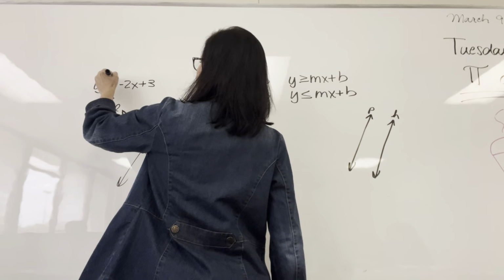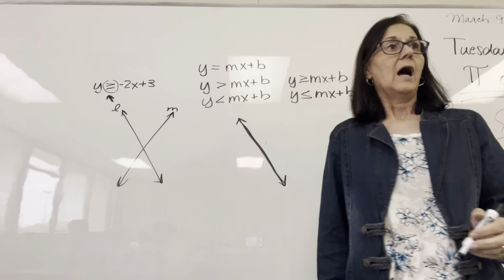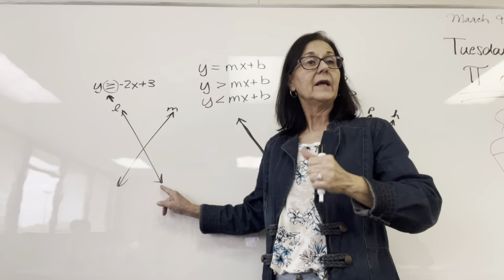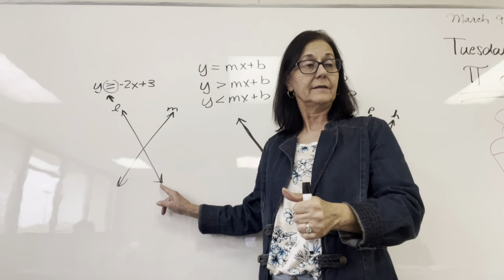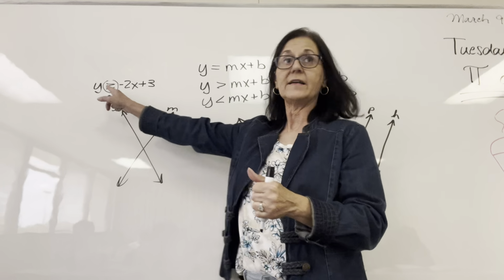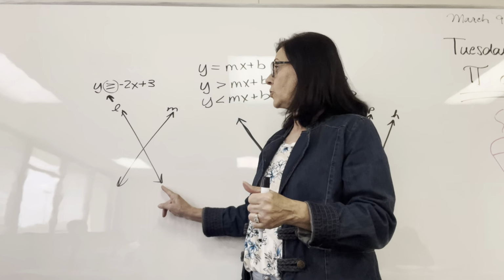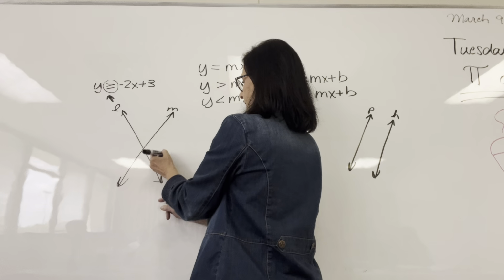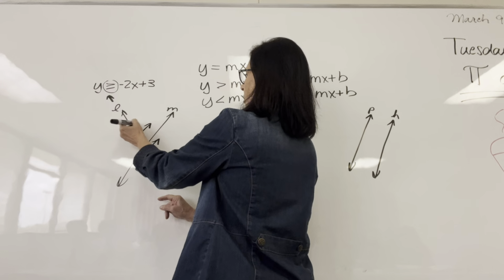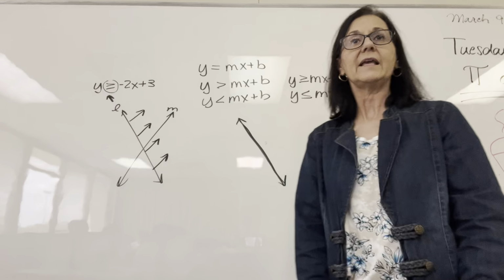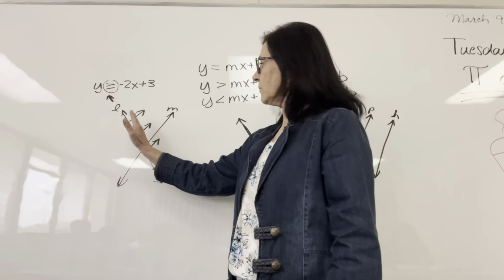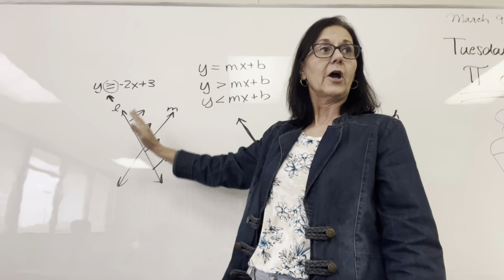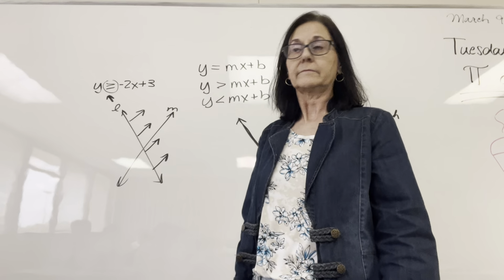When I have greater than or equal to, I'm going to have a solid line, because that equality tells me that every point on the line satisfies that equality, but the greater than says every y value above it satisfies that inequality. So if I were to shade the area in for this equation, it would be from the line L up. Greater than goes up. All right?